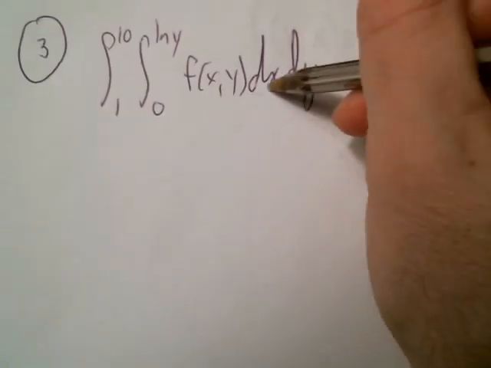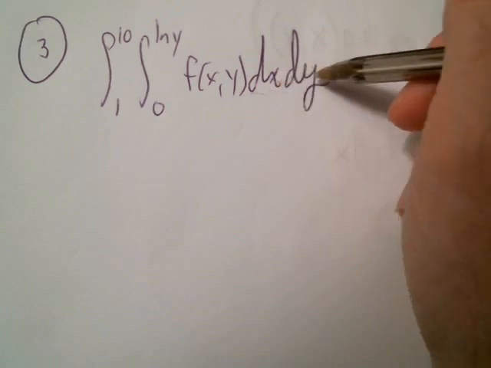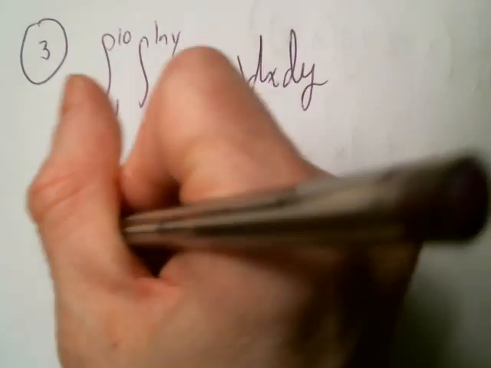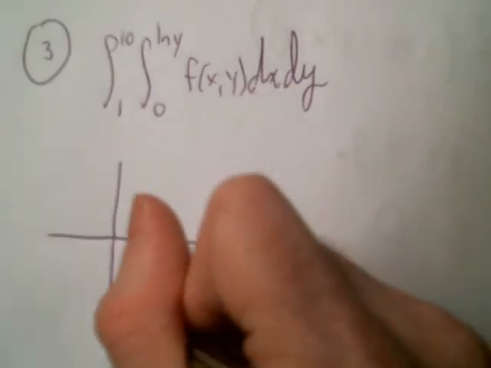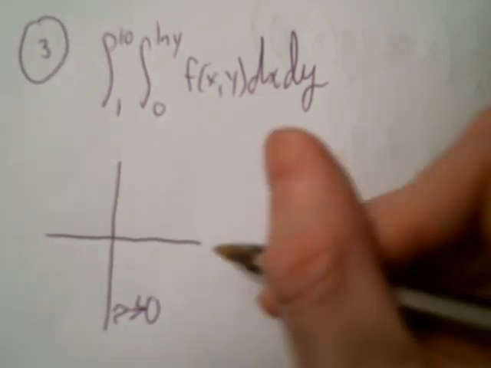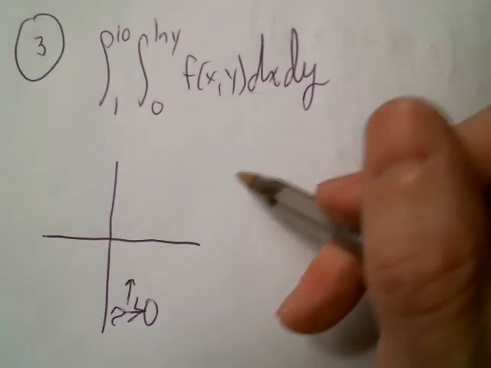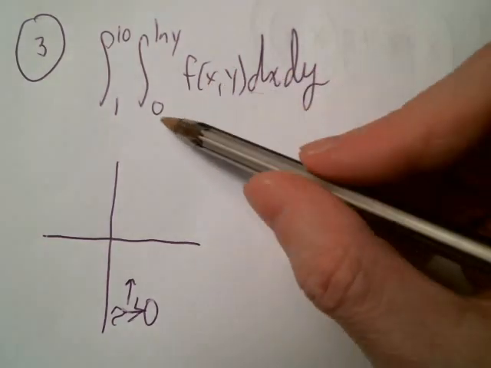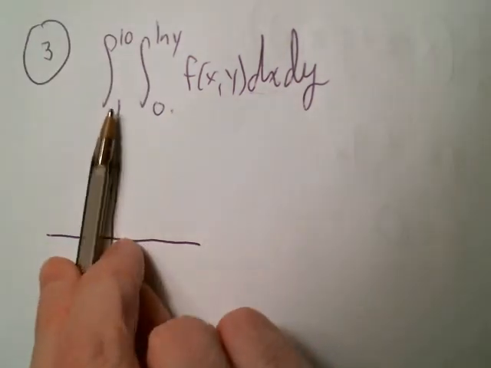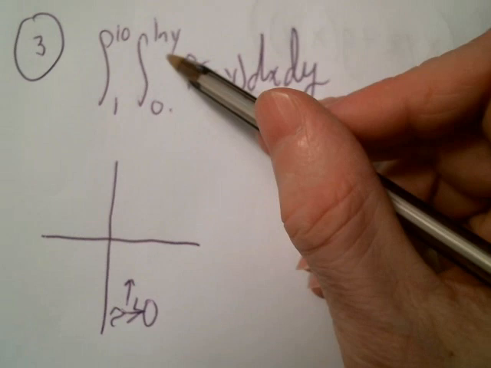So looking at the back end of the integral, this is the non-traditional order. The Riemann man is going up the y-axis, right? Going in that direction. Okay, so curve to curve and then point to point. Curve is x equals 0, which is just the y-axis, to x equals ln y.